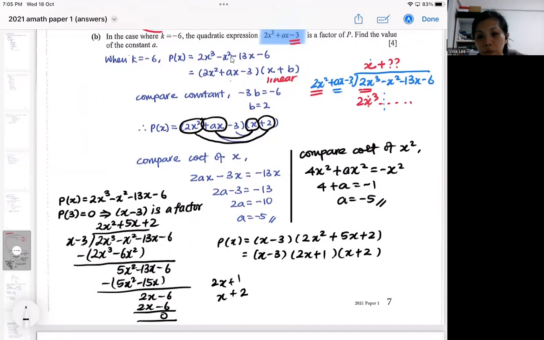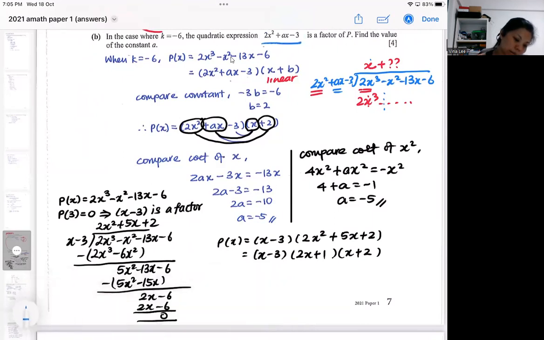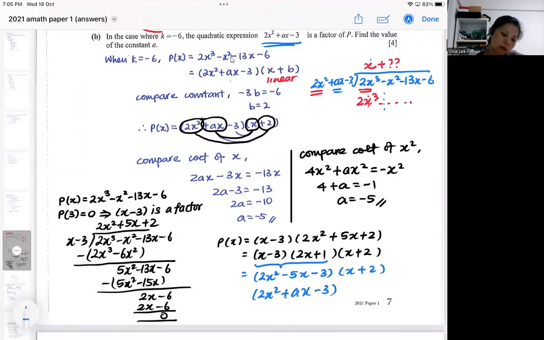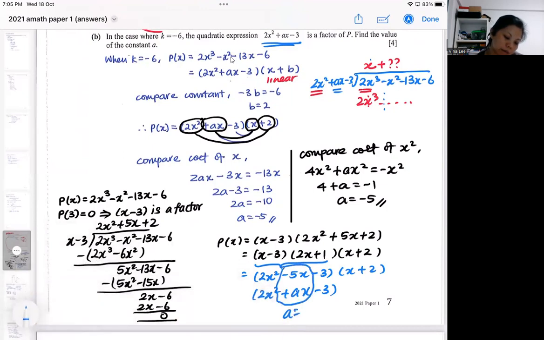The student should continue to factorize first, and then try to get a quadratic that looks like this one. The quadratic that looks like this will come from here. And then she can compare and get the answer to be a minus 5 also.